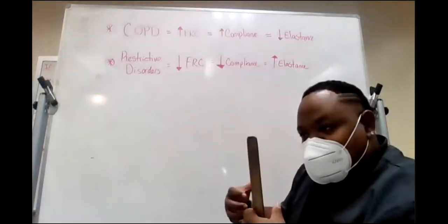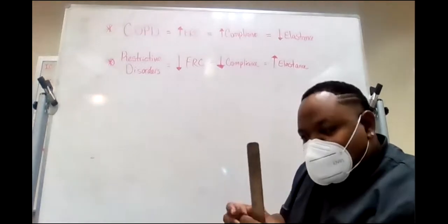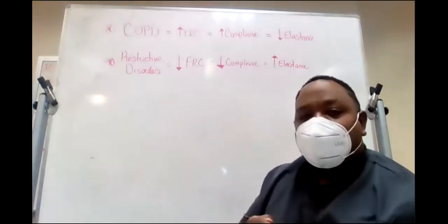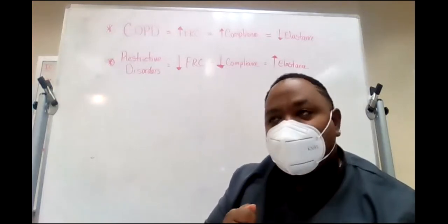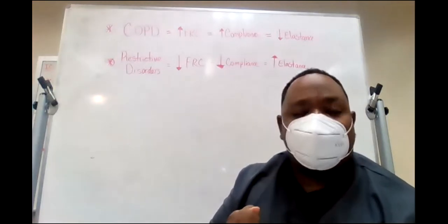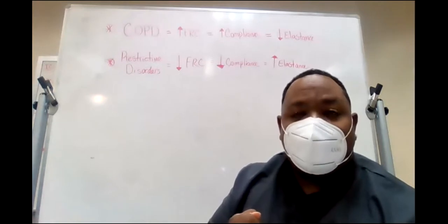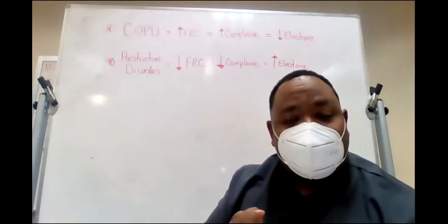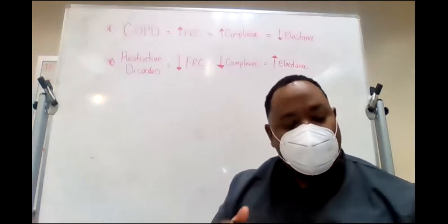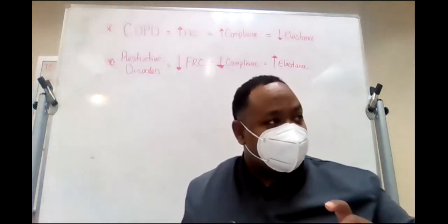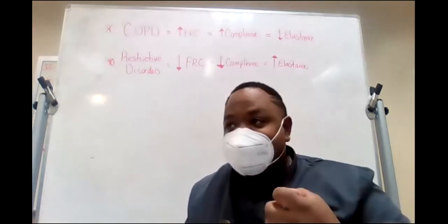Elastance is the ability to come back, right? So think about the rubber band. A regular rubber band as compared to the rubber band from the grocery store that's on the broccoli. Does anybody know that rubber band that comes on the broccoli? Real thick and real tight.